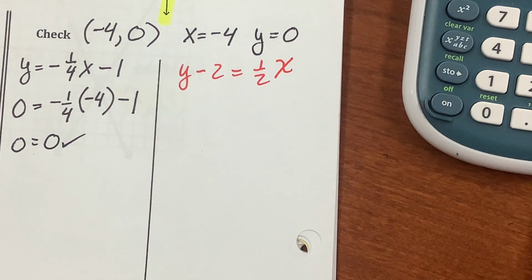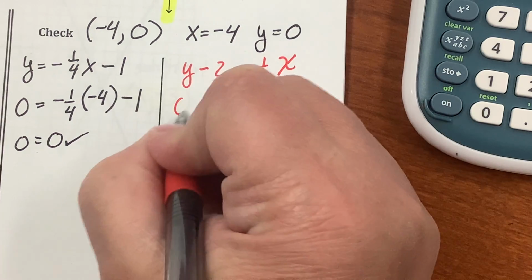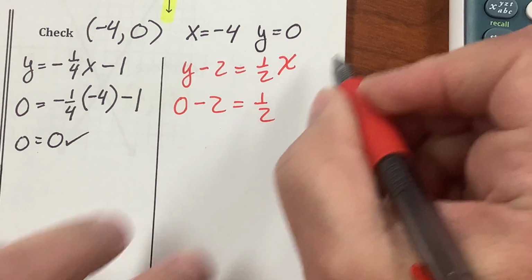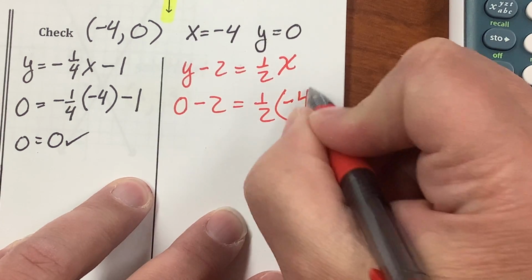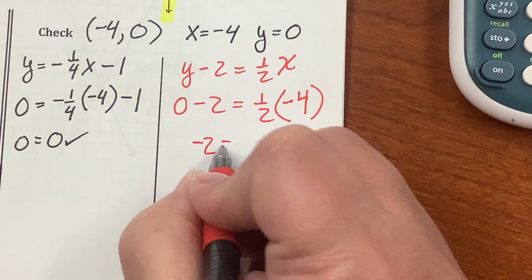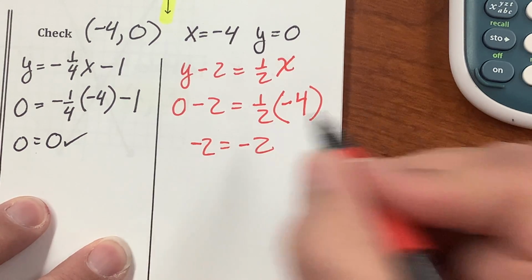Let's do this one. So I have here y is 0 minus 2 equals 1/2, and in parentheses, I'm going to put that -4, and 0 minus 2 is -2, and 1/2 of 4 is 2, and it's negative, so it's -2.